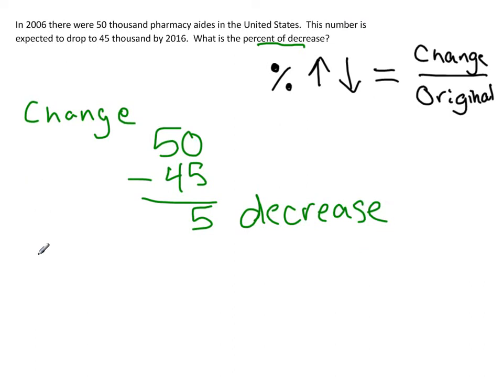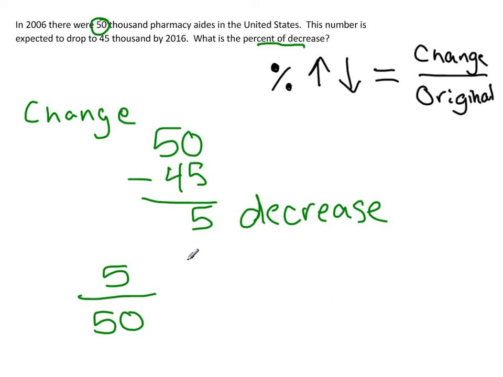Now we want to find the percent of the decrease. So we're going to take 5 and divide it over the original. Well, there's originally 50 in 2006, so we're going to take 5 over 50. Now we need to turn this into a percent, so however you choose to do it, go for it.